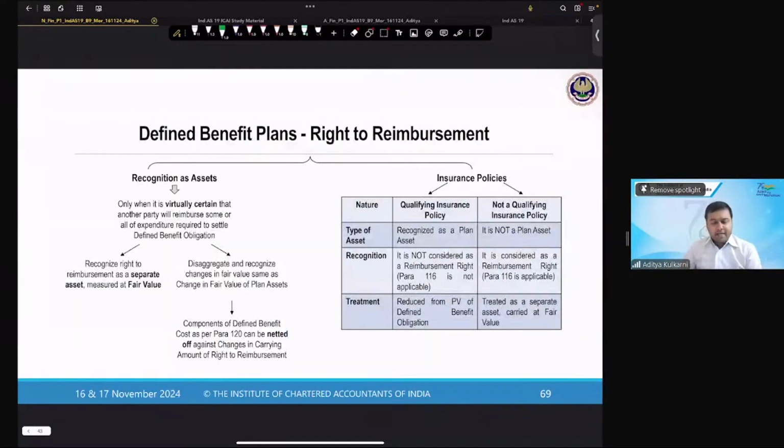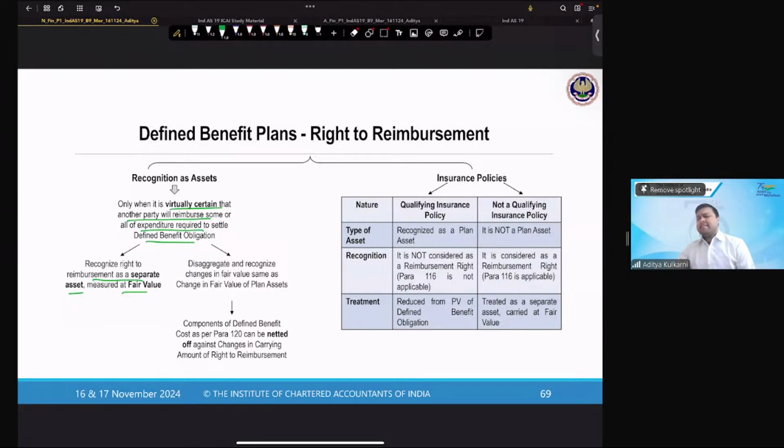Defined benefit plan, rights to reimbursement. You can recognize an asset only when it is virtually certain that another party will reimburse the expenditure required to settle the defined benefit obligation. You will recognize the right to reimbursement as a separate asset measured at fair value.